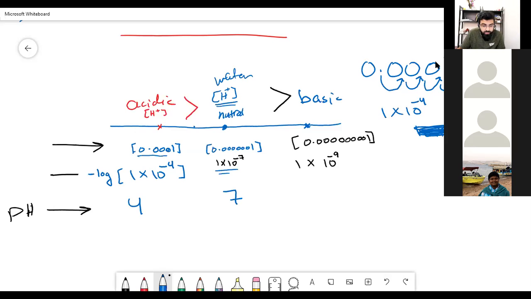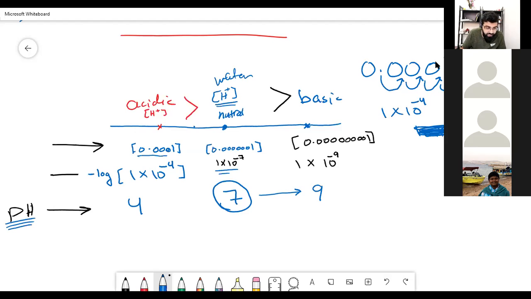And if you take the minus logarithm of this number, you would find it 9. Easy, right? So the neutral number is 7. You don't understand because you didn't take this in math. The minus logarithm of the concentration of H+ is called pH.